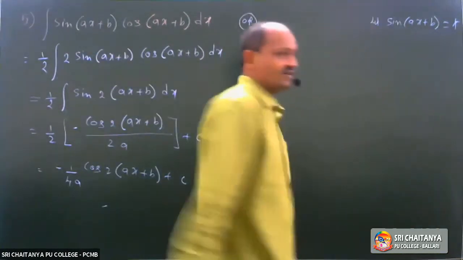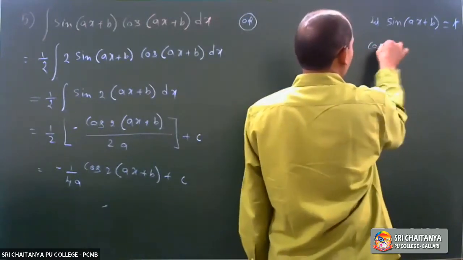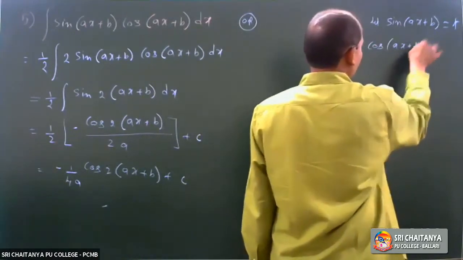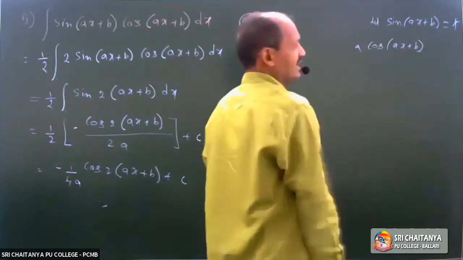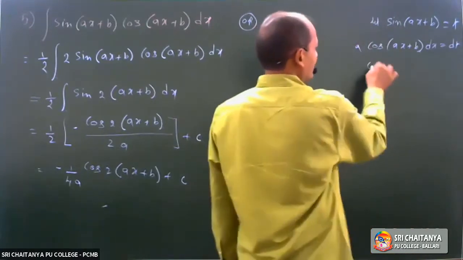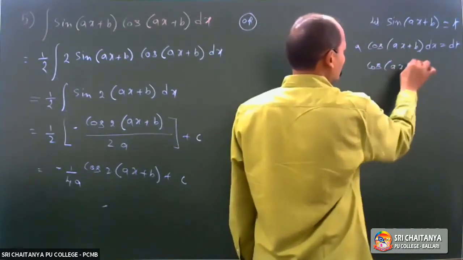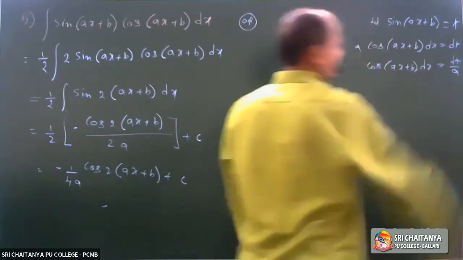What about the derivative of sin? Cos. So it is cos of ax plus b into the derivative of ax plus b, that means a dx is equal to dt. Cos of ax plus b whole dx is equal to dt divided by a.